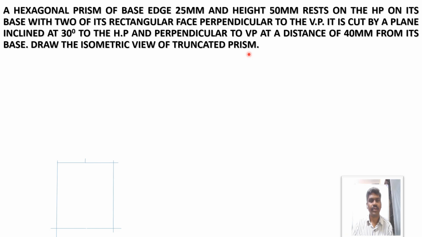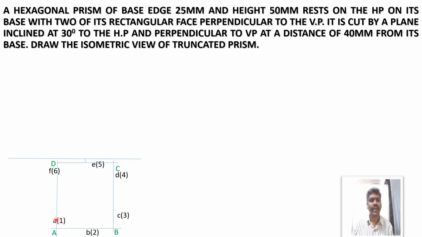So first we draw the true shape. When we draw the true shape, what is the condition? Base with two of its rectangular faces perpendicular to VP. So you see here A to F is perpendicular to VP. Similarly, C to D is perpendicular to VP.